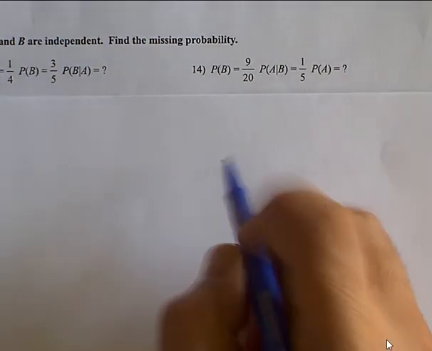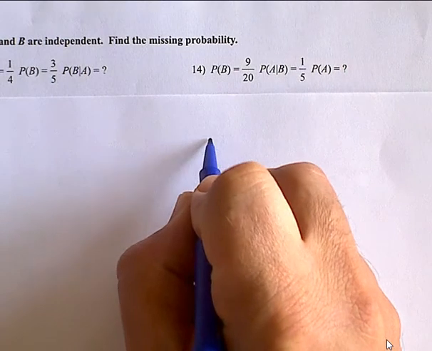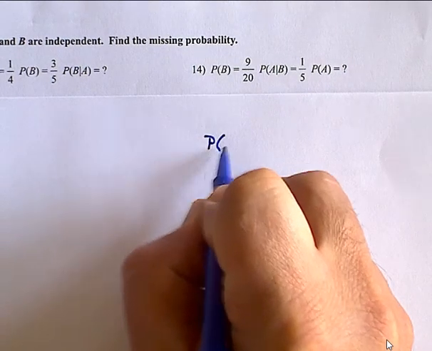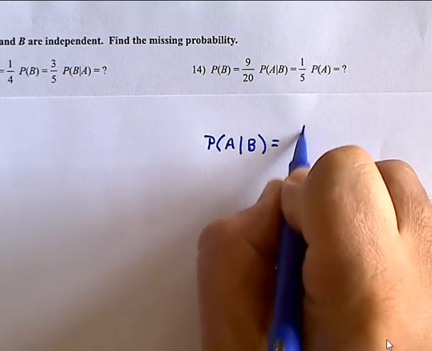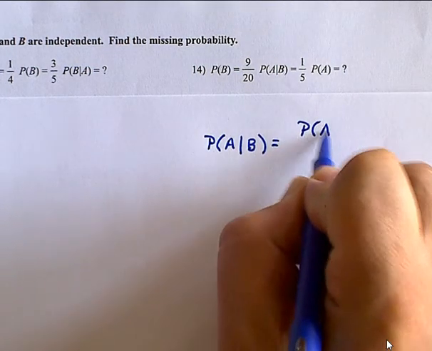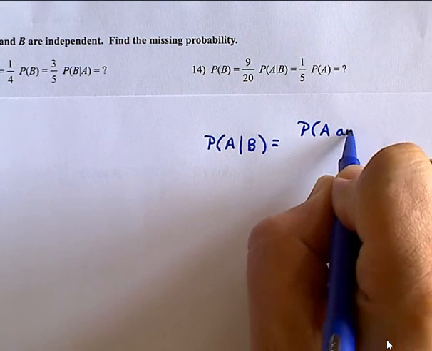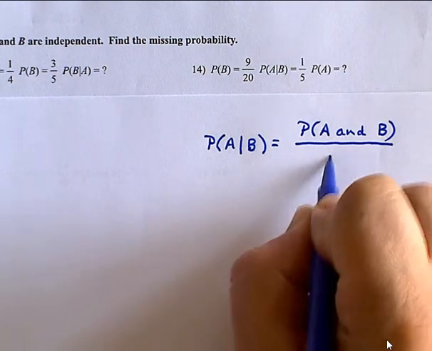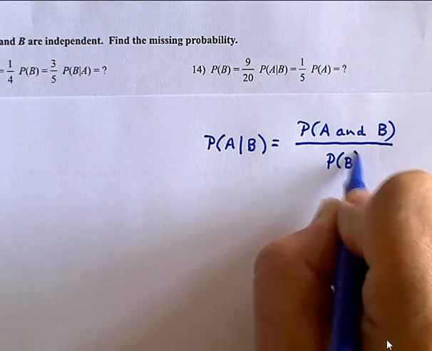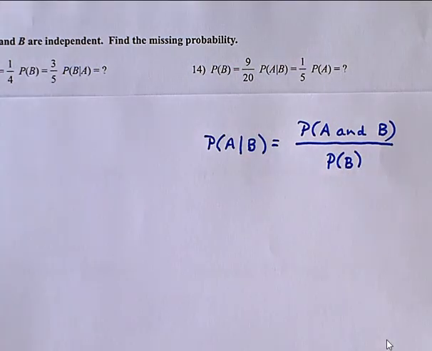We know the formula says the probability of A given B equals the probability of A and B over the probability of B. So that's the formula for conditional probability, which is what we're dealing with here.